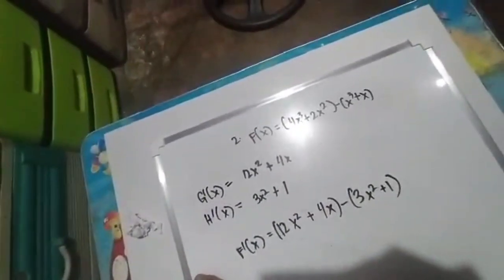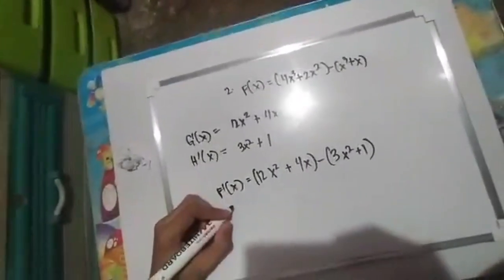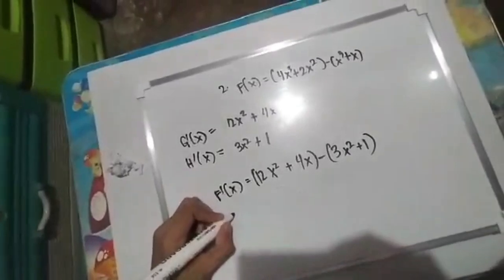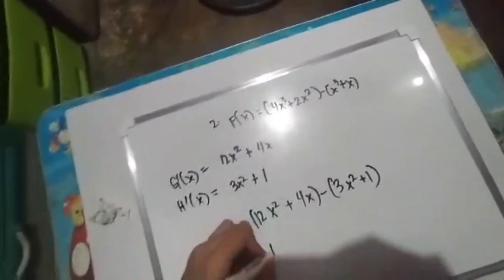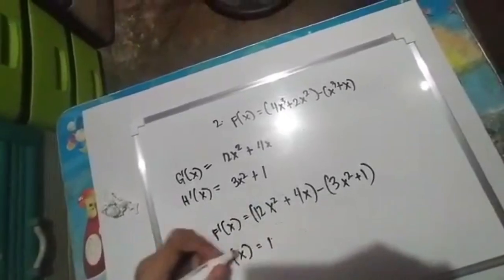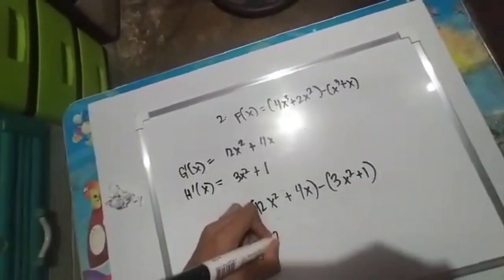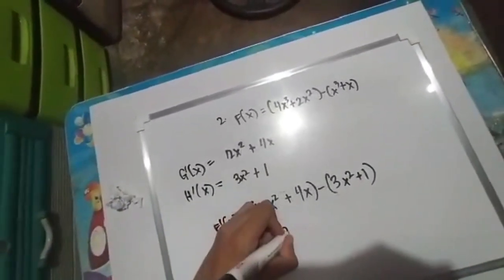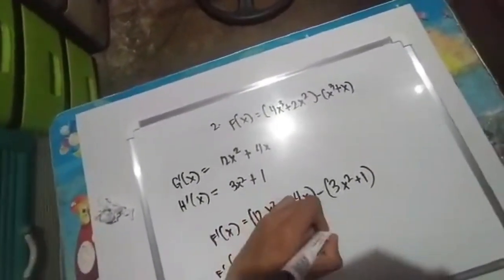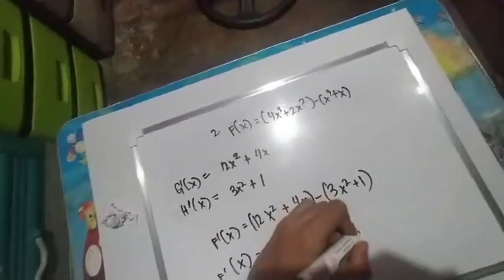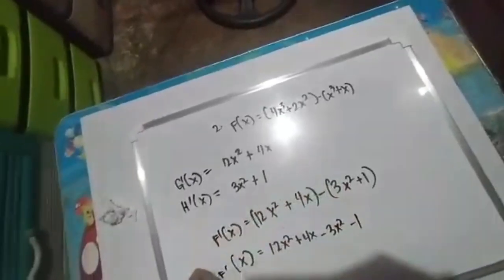Next one is solve na natin. F prime of x equals 12x cubed plus 4x minus 3x squared minus 1.